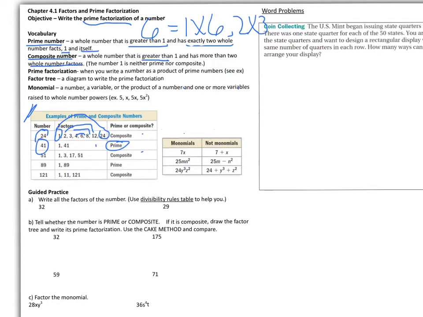And you can read the rest of the chart yourself. Okay, now for prime factorization, the factor tree and the monomial, I will walk through these vocabulary terms as I do the guided practice problems with you.